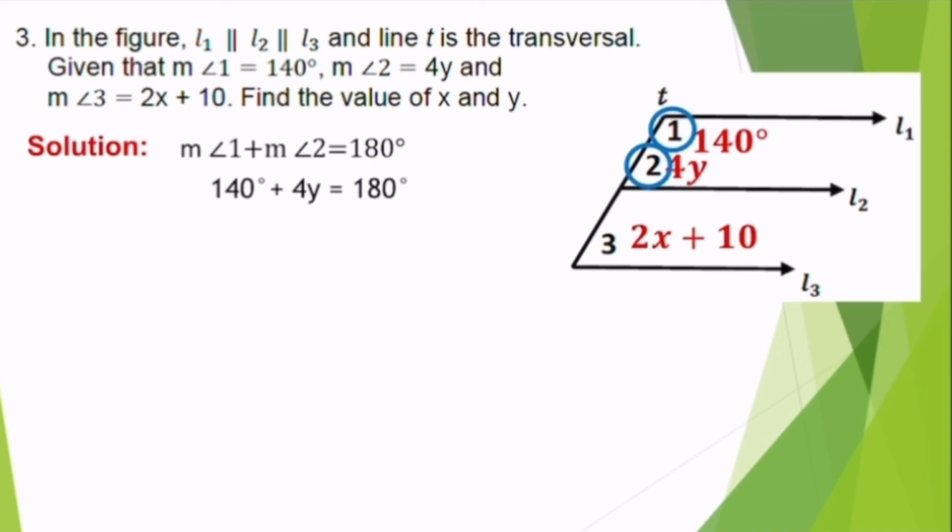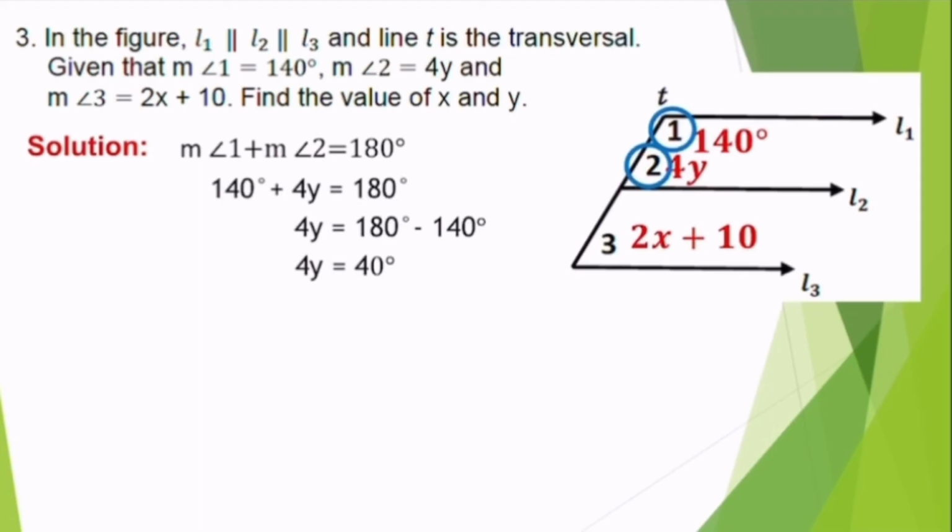And after that, by the addition property of equality, we add negative 140 degrees to both sides. So 4y is equal to 180 degrees minus 140 degrees. We will have now 4y is equal to 40 degrees.